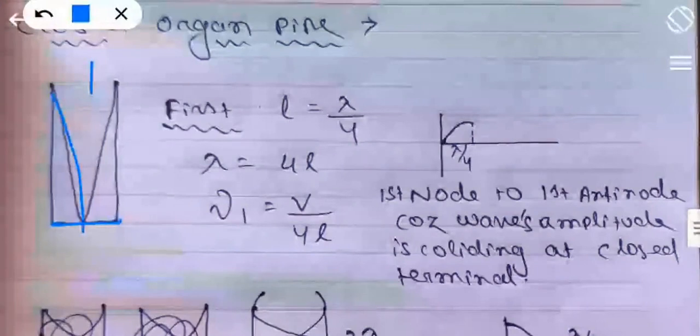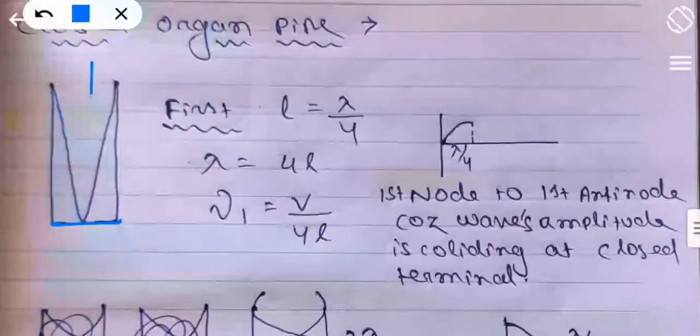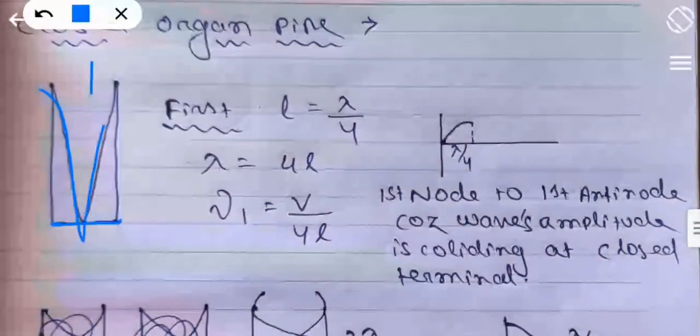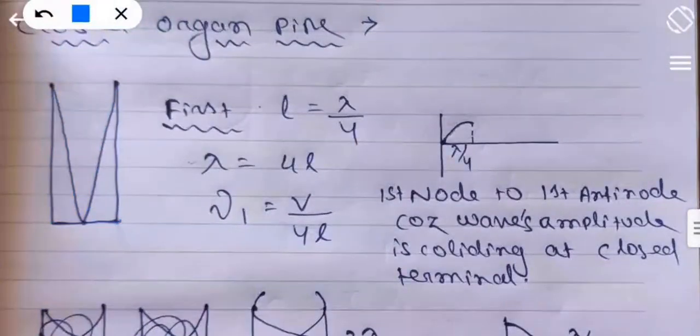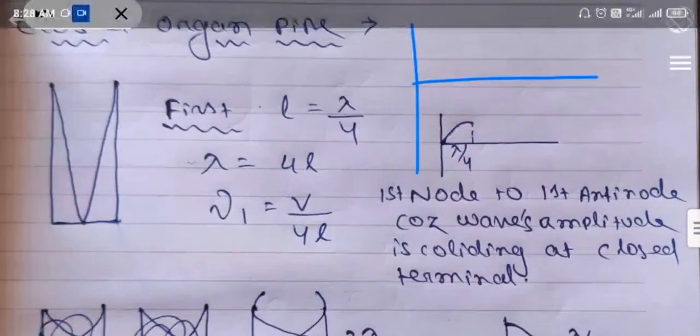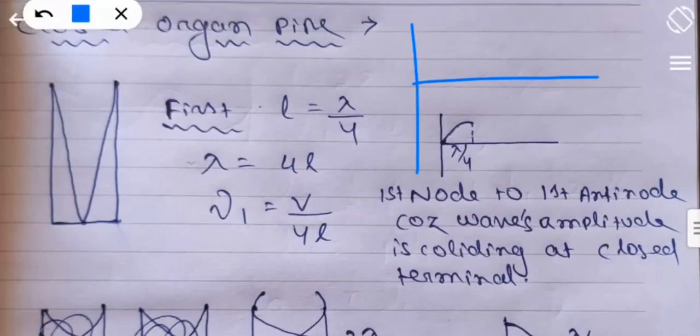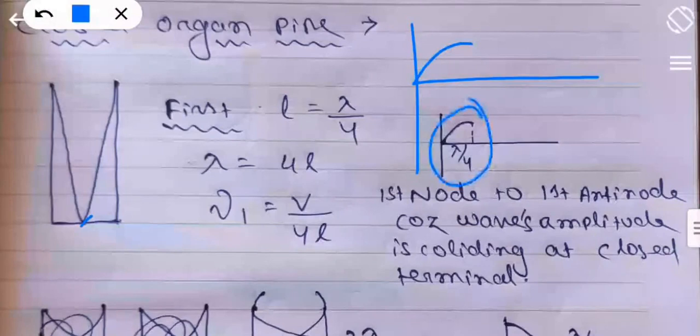This is like this, and this is the closed end. There will be a reflection like this. Here it is only forming the 1/4 section.